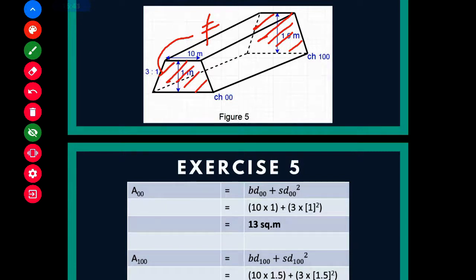So first you need to determine the surface area at chainage 00. So apply the formula BD plus SD squared.